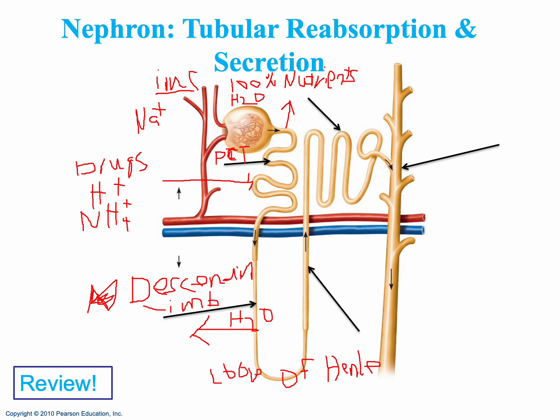Now we're taking a look at the ascending limb of the loop of Henle.